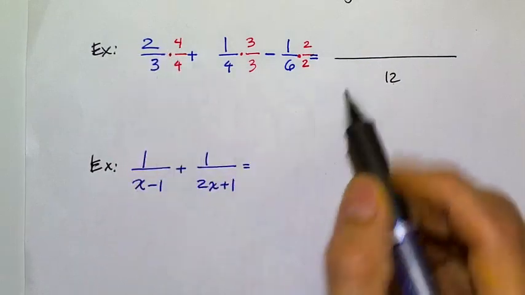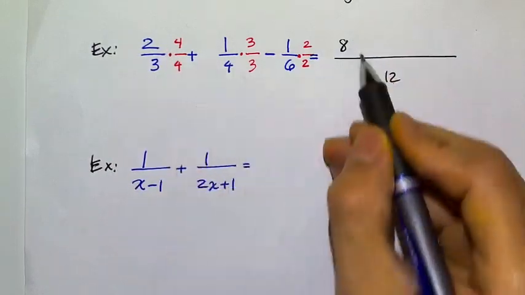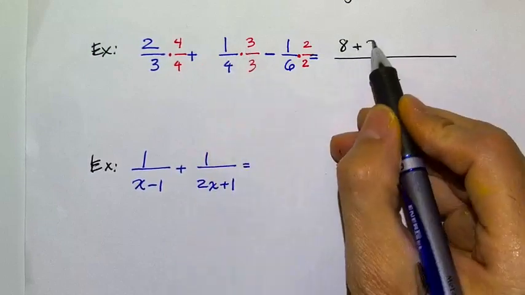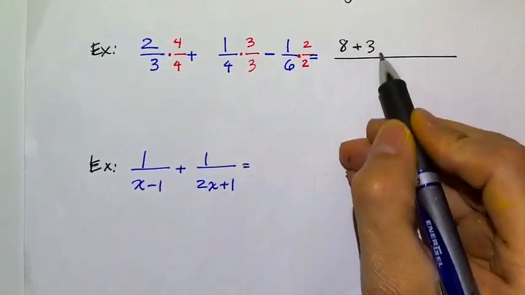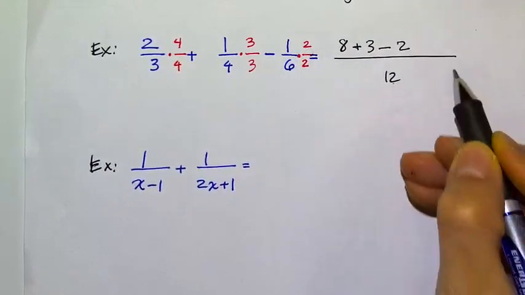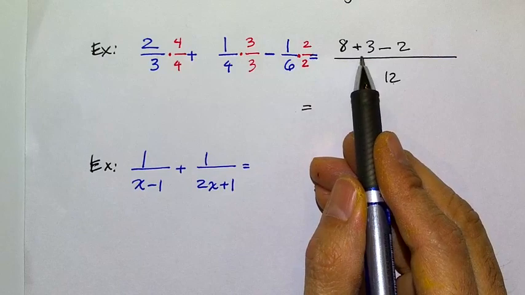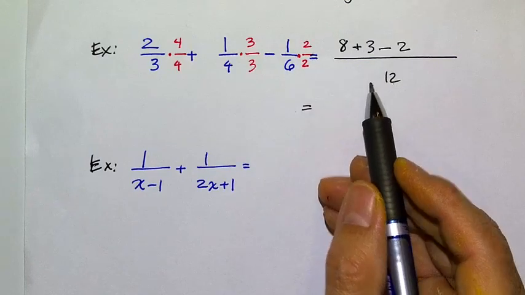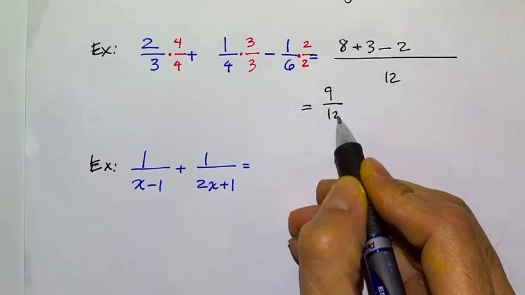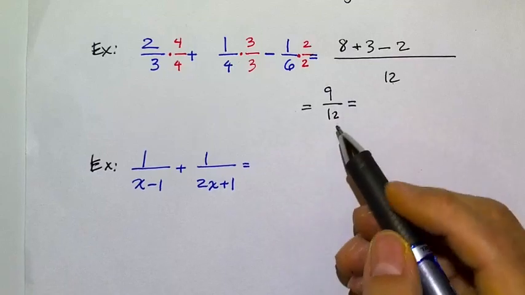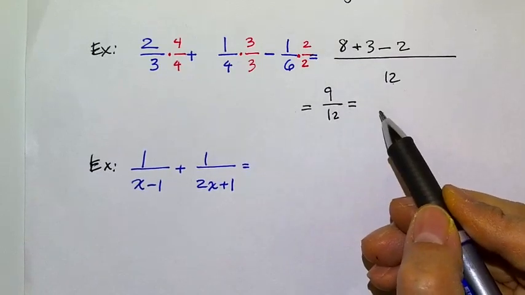Now the numerator here would be 8 plus 1 times 3 is 3, minus 1 times 2 is 2. Now we would say 8 plus 3, 11, minus 2, that's 9 over 12. And of course, we would even ask you, hey guys, don't leave it like that. Simplify this.